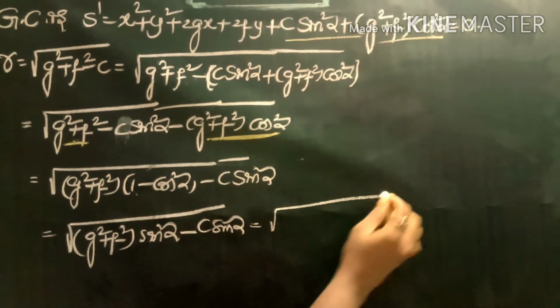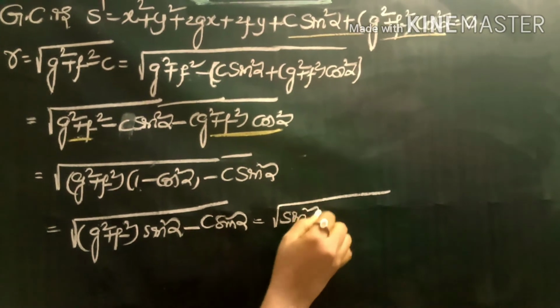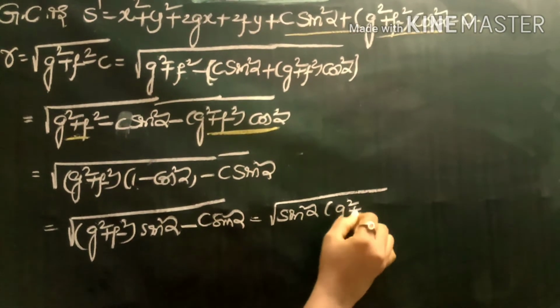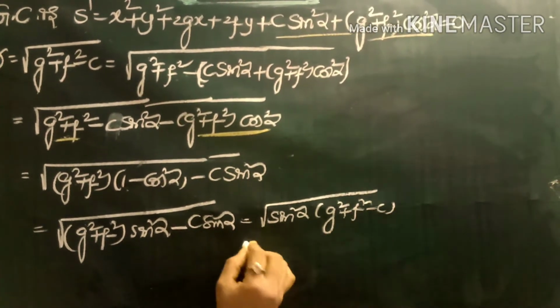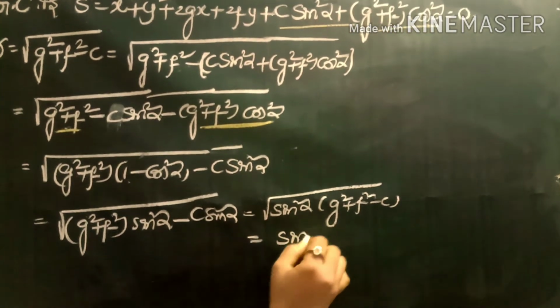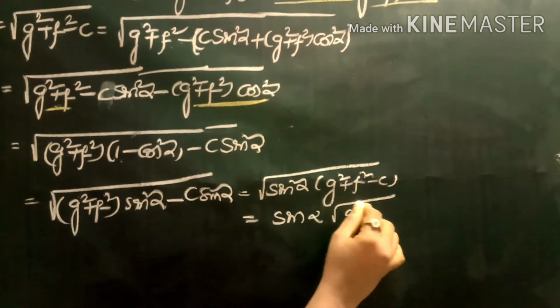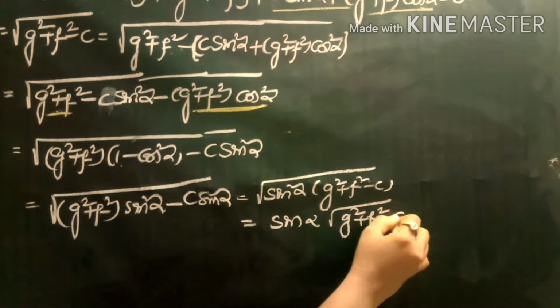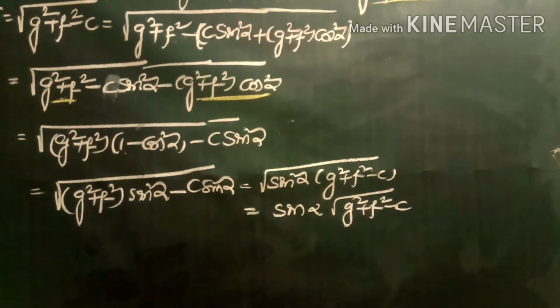Again taking sin²α common, we get sin²α (g² + f² − c). √(sin²α) is sin α, so r = sin α √(g² + f² − c). This is the radius value.